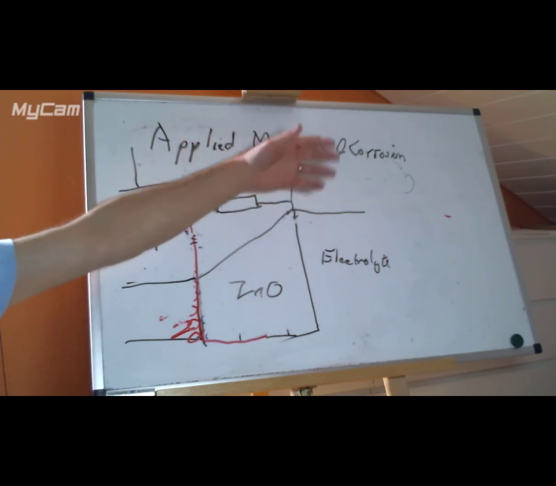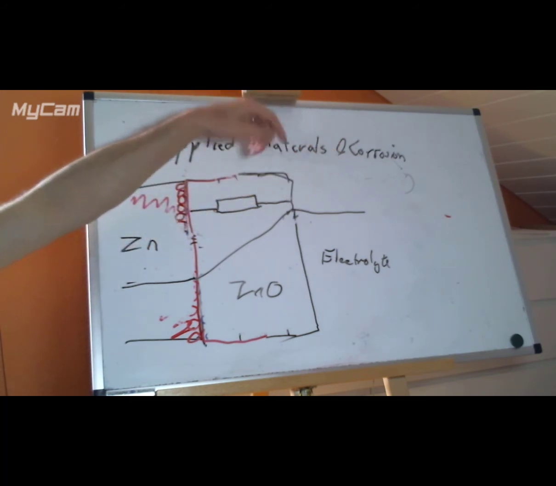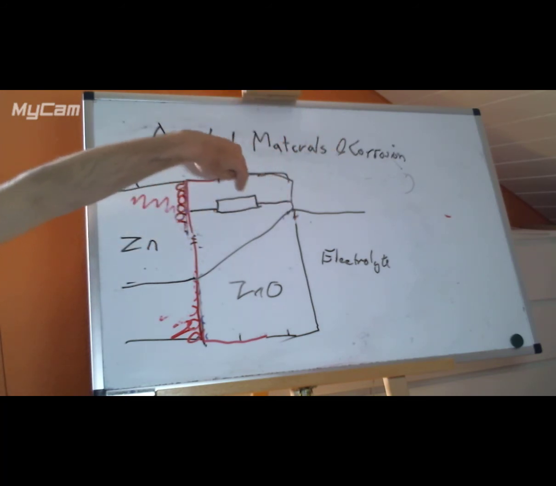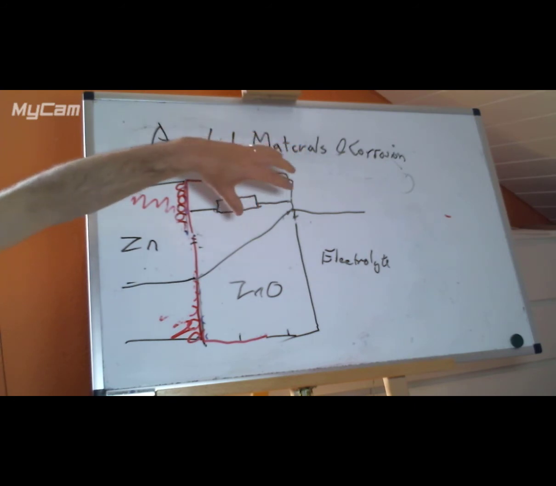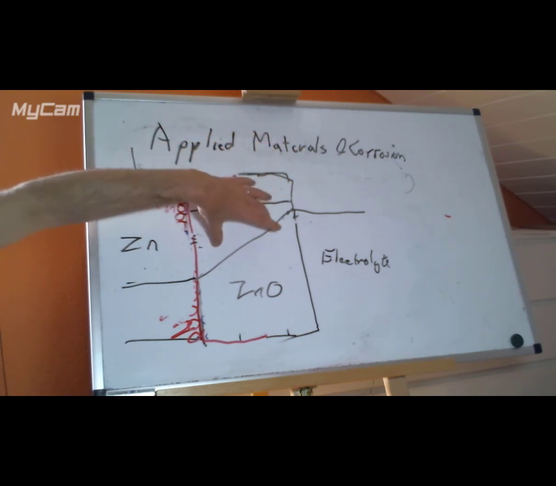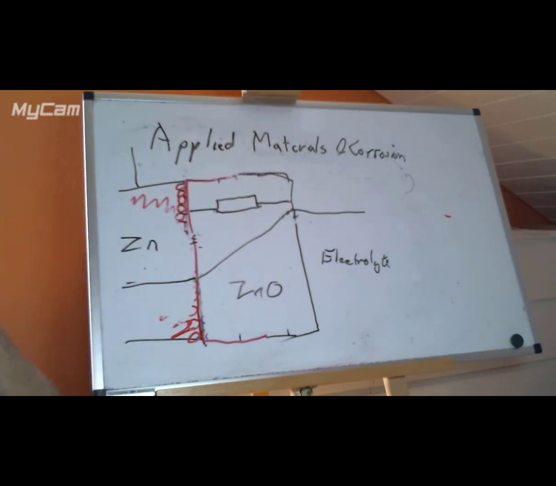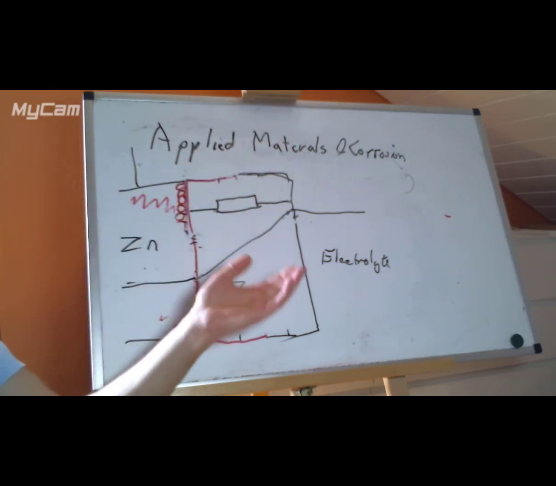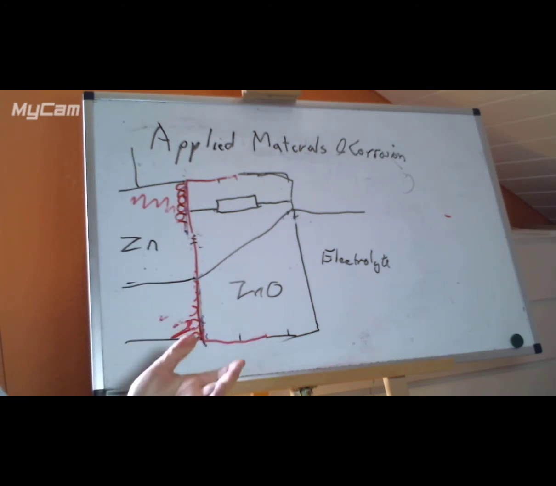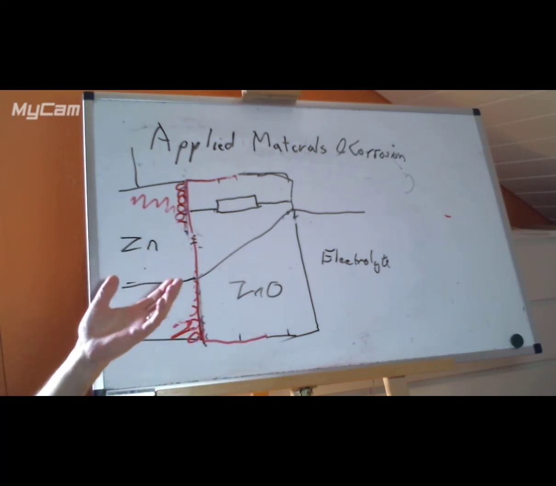But obviously we can't stop it completely. We can slow it down to a position where this resistor is providing enough voltage difference so that our electrolyte is not doing very much.